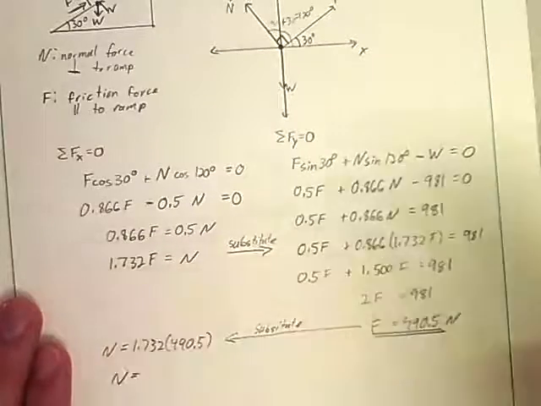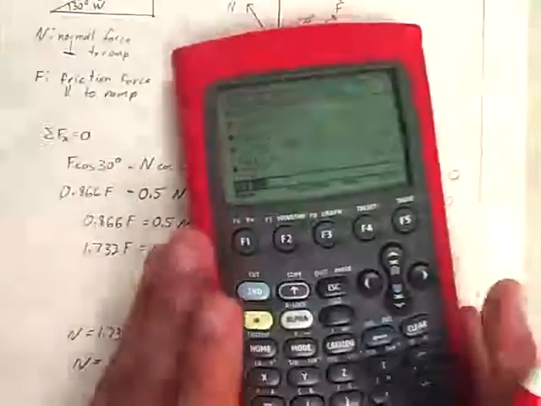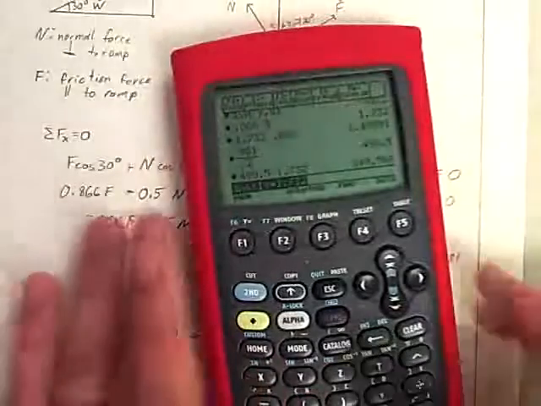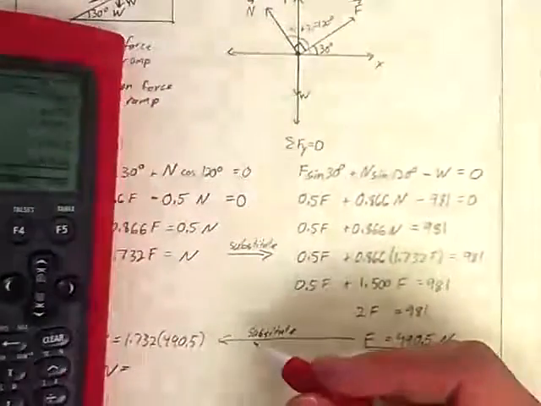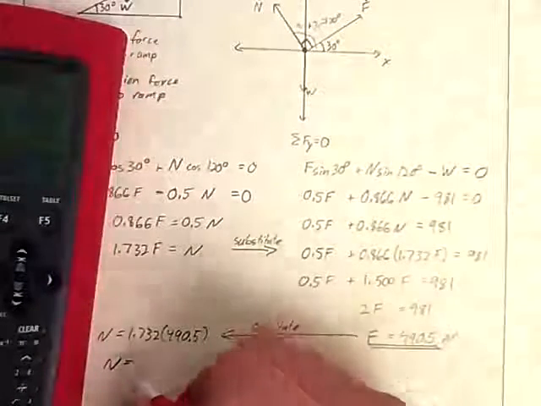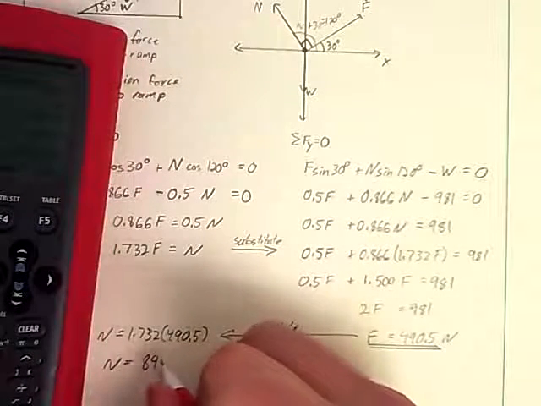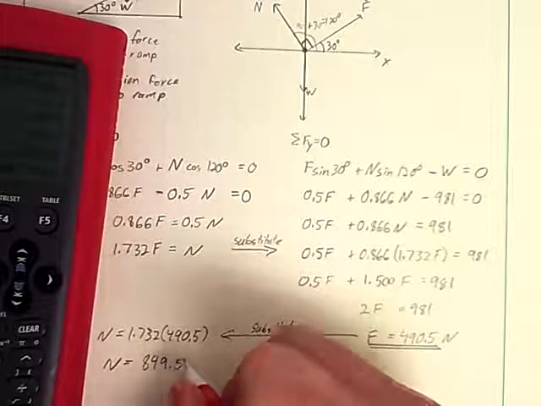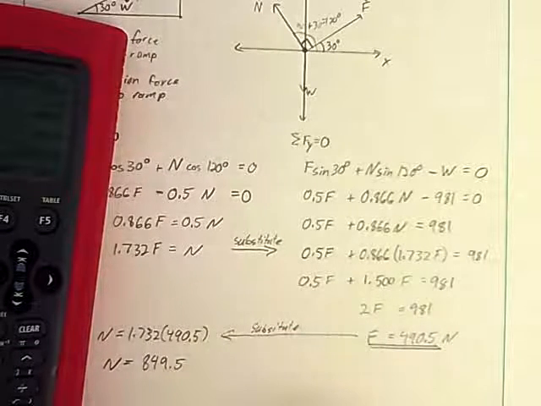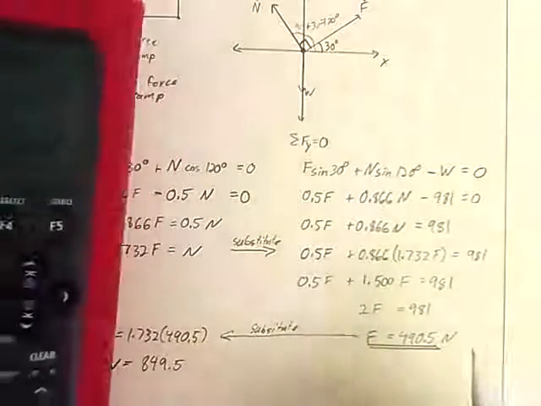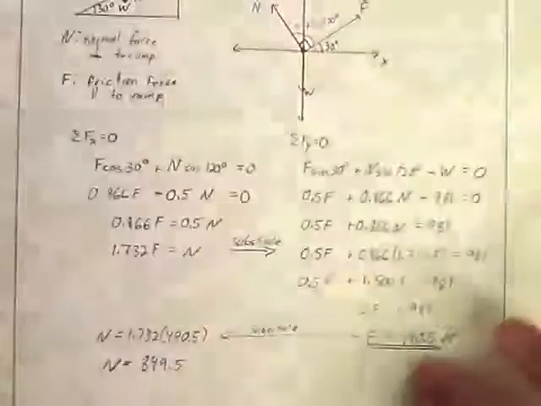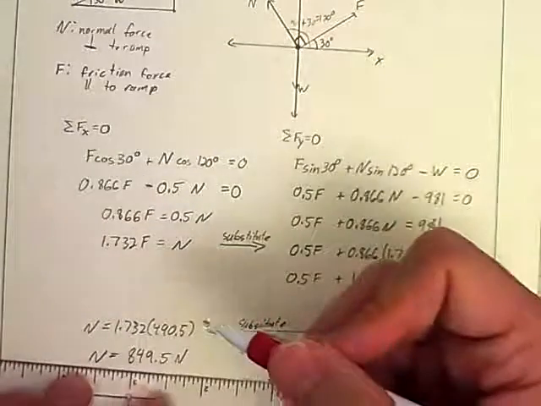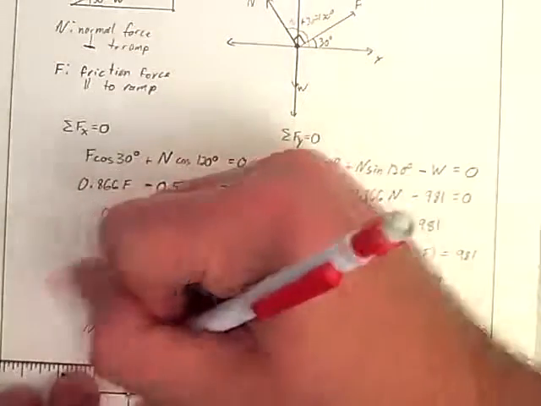So N must equal that times 1.732. I'm sorry, 490.5 is F, sorry. I get 849.5 newtons.